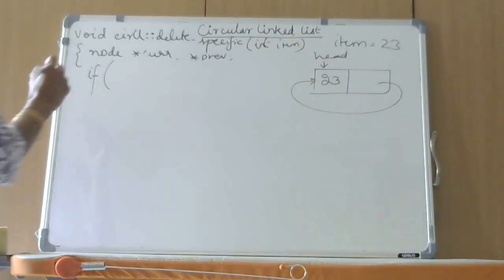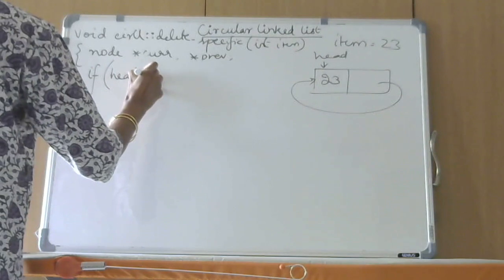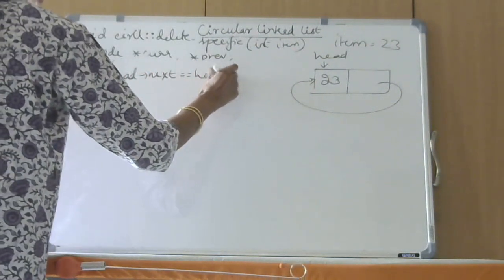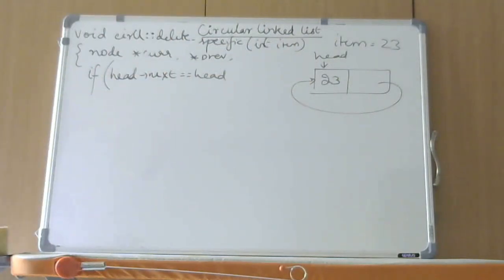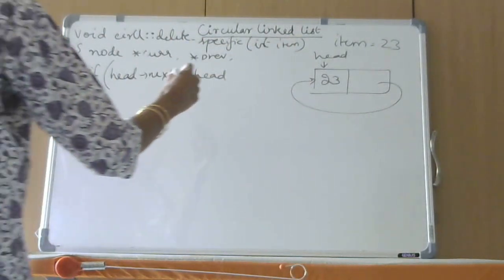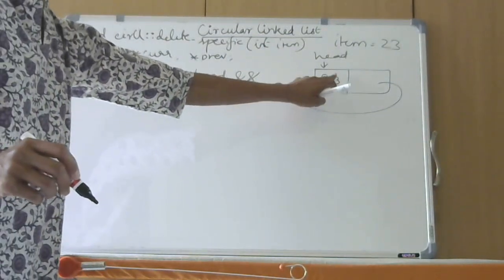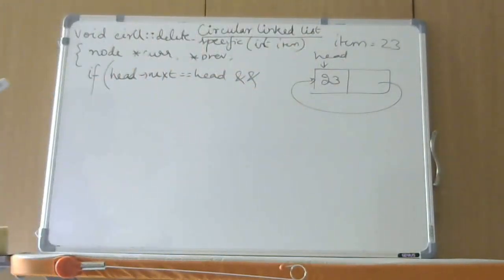Then how do we check this? If head of next is equal to head, that means that's the only element that is there. Now there could be only one element in the list and this item may not match. That also is possible.